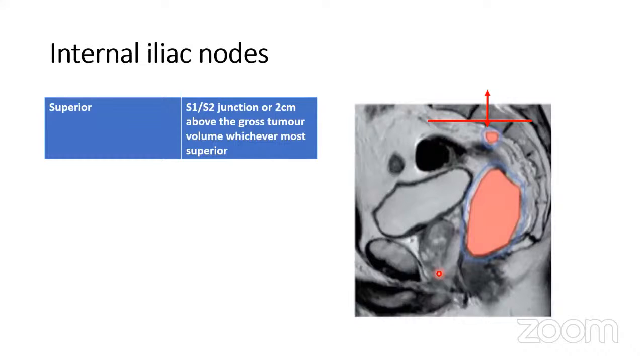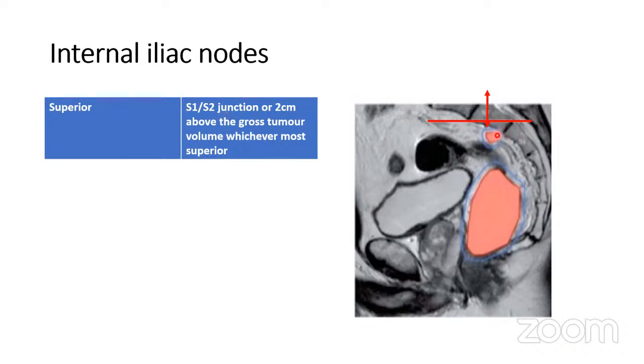So the superior border of internal iliac is generally the S1, S2 junction or 2 cm above the gross tumor volume, whichever is more superior. I have told you the rationale for keeping it at the S1, S2 junction, because hardly any recurrences are found above the S2, S3 junction from where the rectum starts.